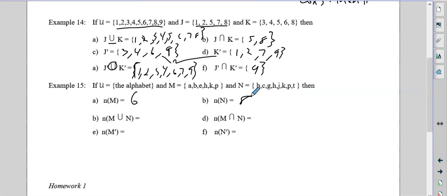What's the number of M union N, both? We have to see if there are any repeats. There is a repeat of the B's, so we're not counting those twice. There's a repeat of the H's. There's a repeat of the K and the P. So it's 1, 2, 3, the 8, and then 9, 10, 11.